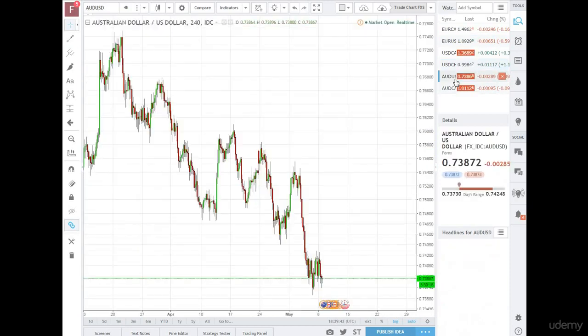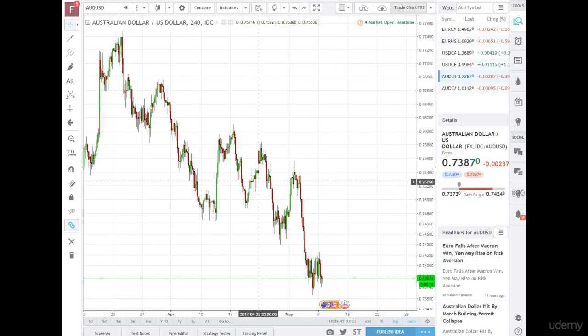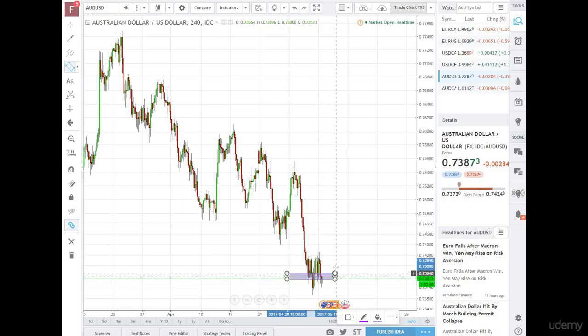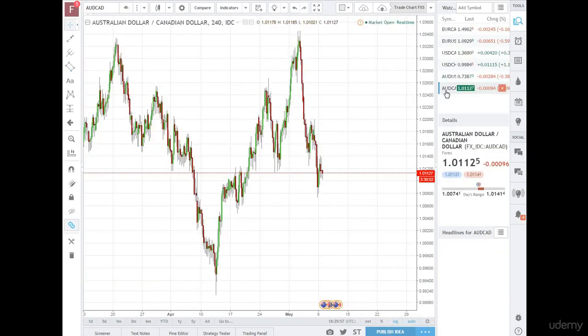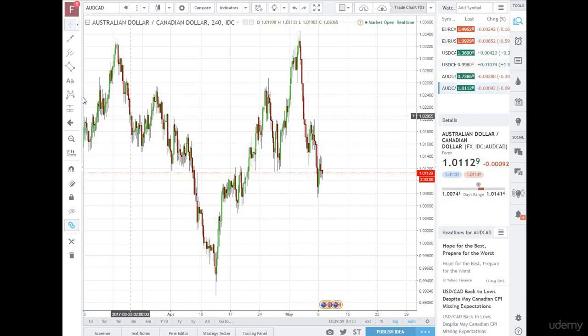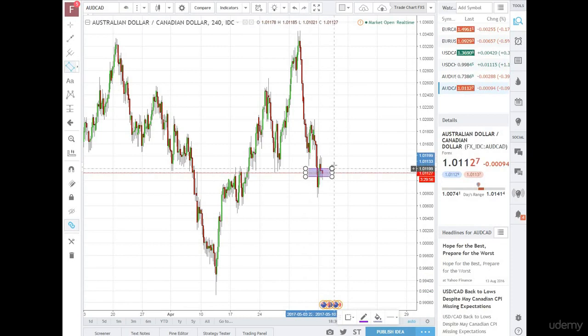Furthermore, the Australian dollar price is consolidating in that area. And if we have a look at the Australian dollar Canadian dollar, price is indeed consolidating.